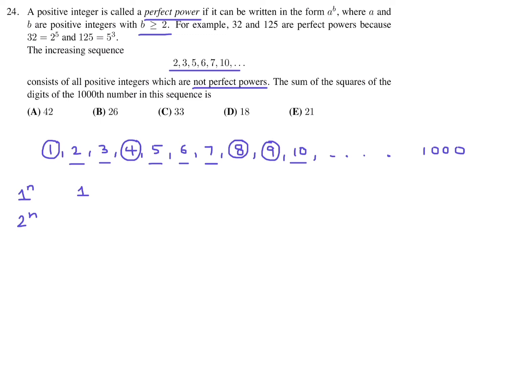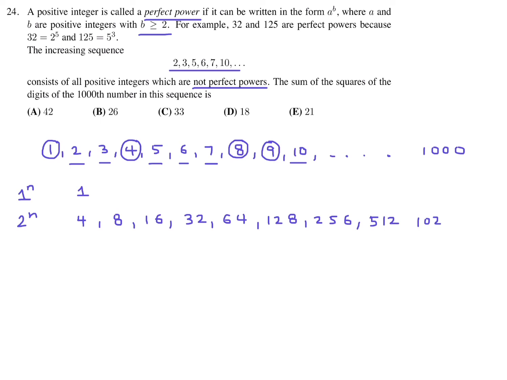2 to the power of n, what are those? When n is greater than or equal to 2, we got 4, 8, 16, 32, 64, 128, 256, 512, and 1024.